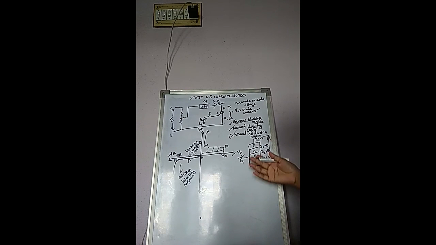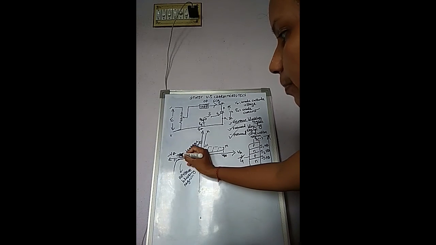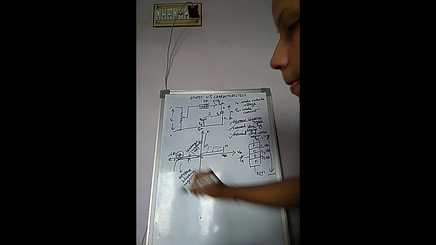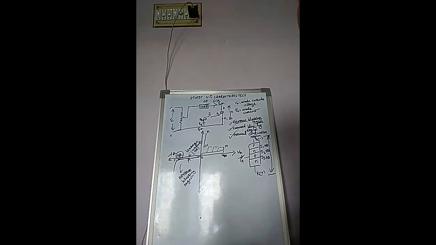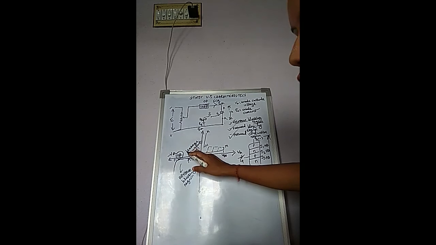If the reverse voltage is increased, then at a critical breakdown level, this is called the reverse breakdown voltage VBR.